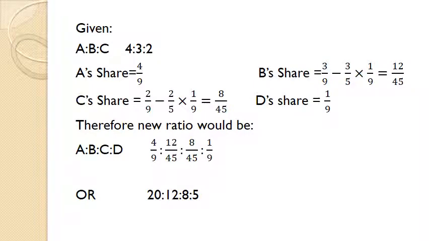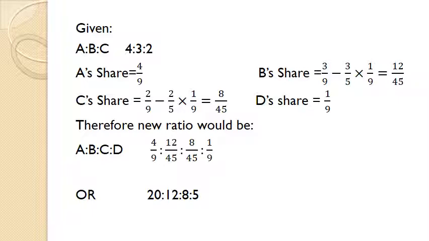See, it is given in the question the ratio of profit sharing among A, B, and C, that is 4 is to 3 is to 2. And it is already given that A is not going to share anything with D. So the share of A would remain as 4 by 9 only.